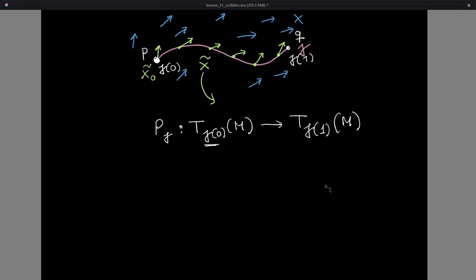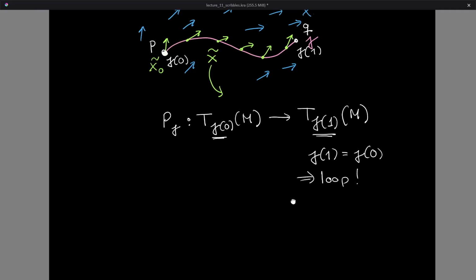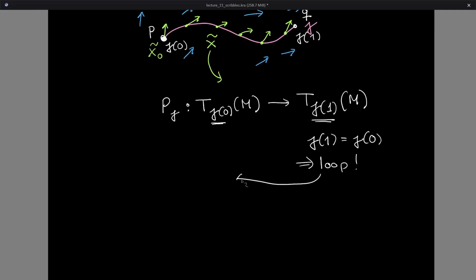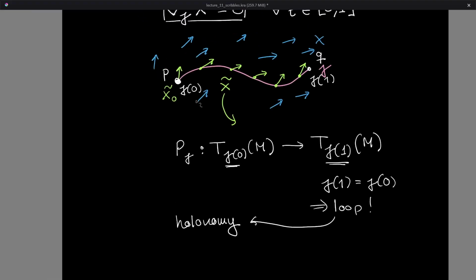If this is a round trip, if gamma 1 is equal to gamma 0, then we have a loop, right? And that loop is what we use to define a holonomy. That's what we said a holonomy was, right? We said that we needed to parallel transport a vector in a loop. So we define parallel transport, we close the curve in on itself, and so basically we did this.